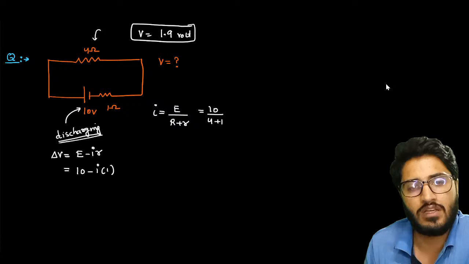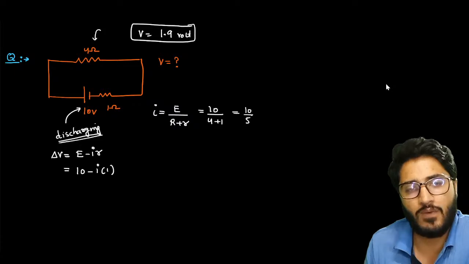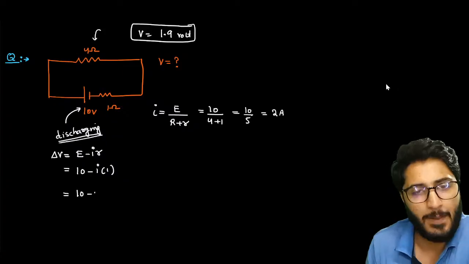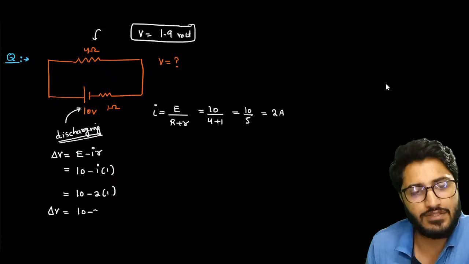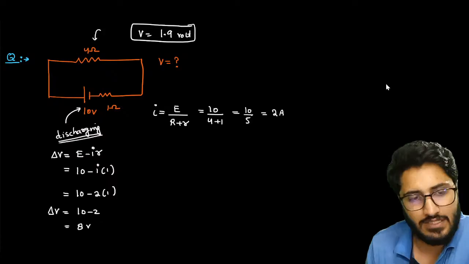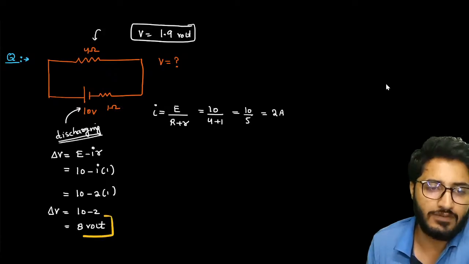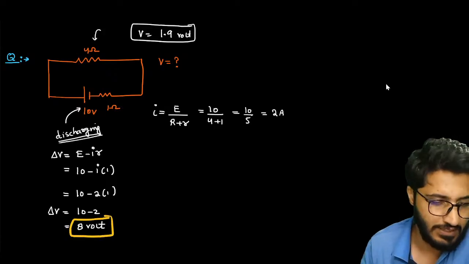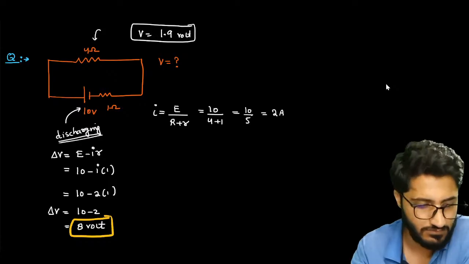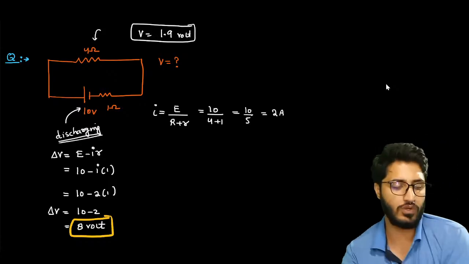So I need to write it as 10 divided by 5, which equals 2 ampere. So can I write here now? It is 10 minus 2 into 1. So delta V or V came out to be 10 minus 2, which is 8 volt. So it came out to be 8 volt only. Easy, no? Yes, 8 volt is the answer.